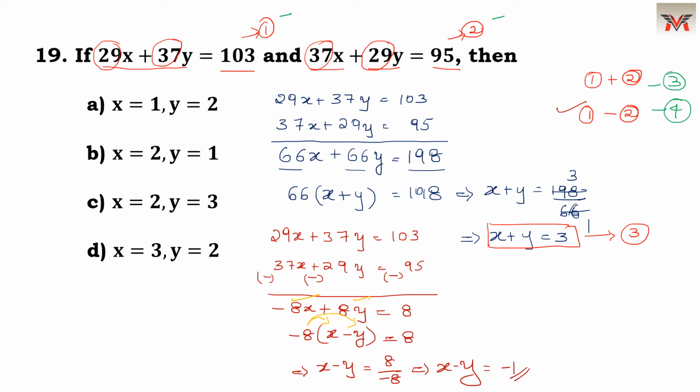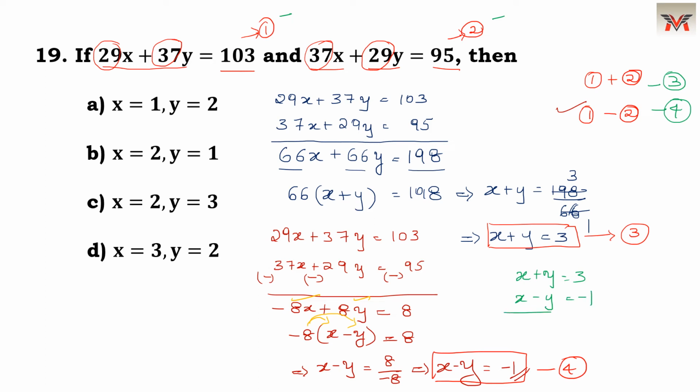Correct? I can keep this as equation 4. Now observe here, I had 29, 37, 103, 95, bit bigger numbers, but now it is reduced to x plus y equal to 3 and x minus y equal to minus 1.